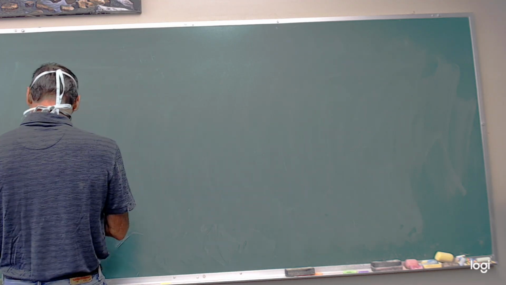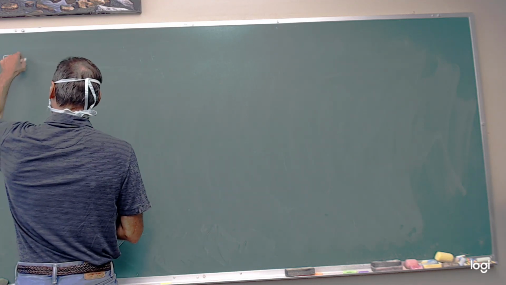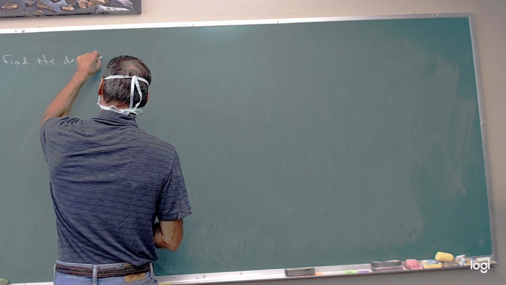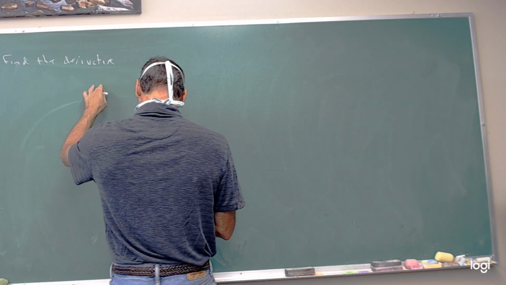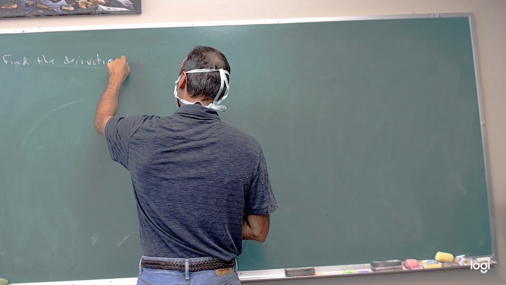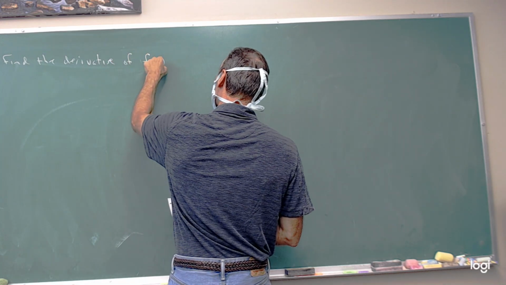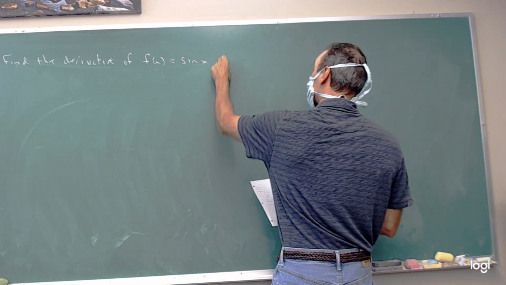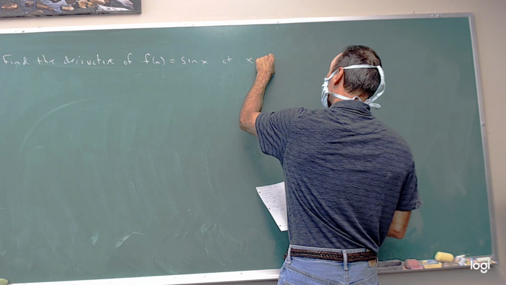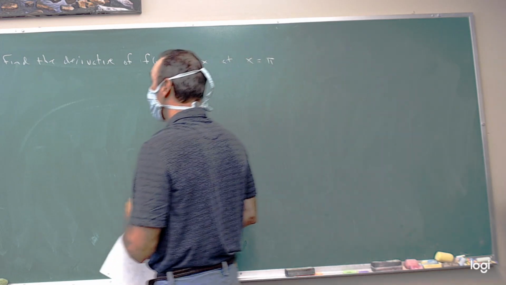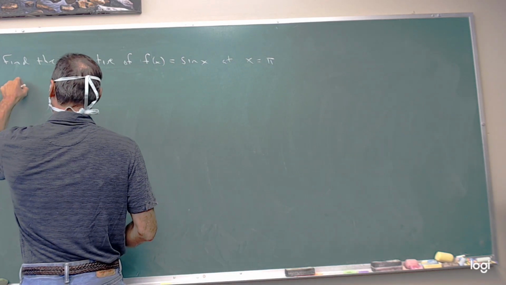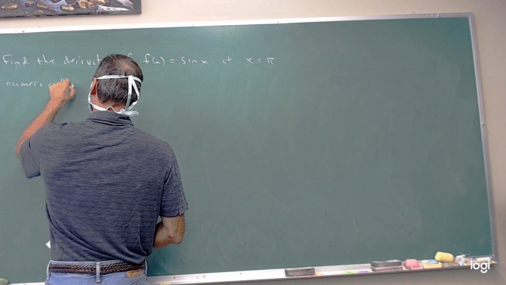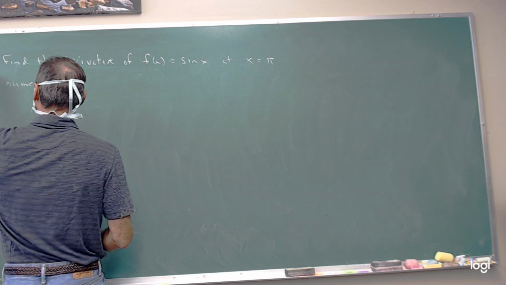So we are going to find the derivative of f of x equals sine x at x equals pi, and we're going to do this one numerically. So this is like what you were doing in your last homework.